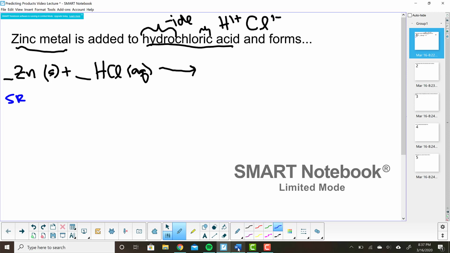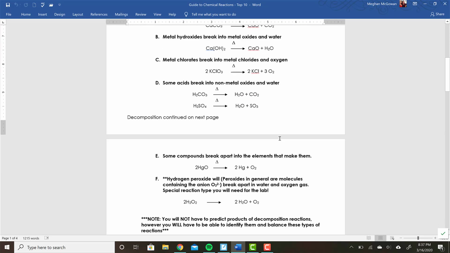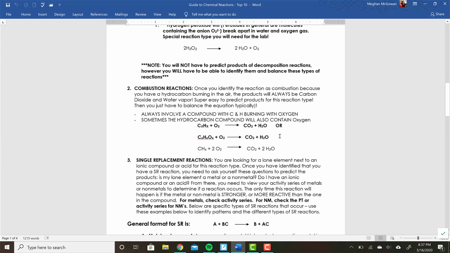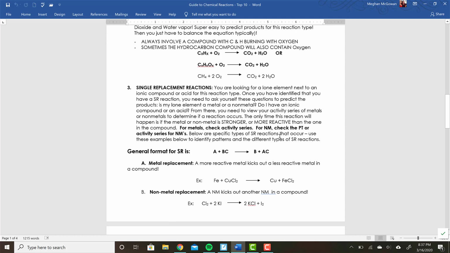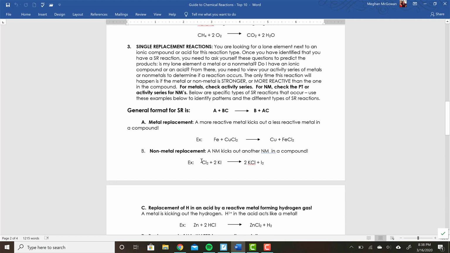Once we have identified that we have a single replacement reaction, we go back to our guide to chemical reactions and flip to the portion on single replacement. With single replacement, we do have a couple of options. Right? We could have a metal replacement where the metal replaces the metal. So in this example, iron replaces copper. Right? Or we could have a non-metal replacement. The chlorine here replaces the iodine.